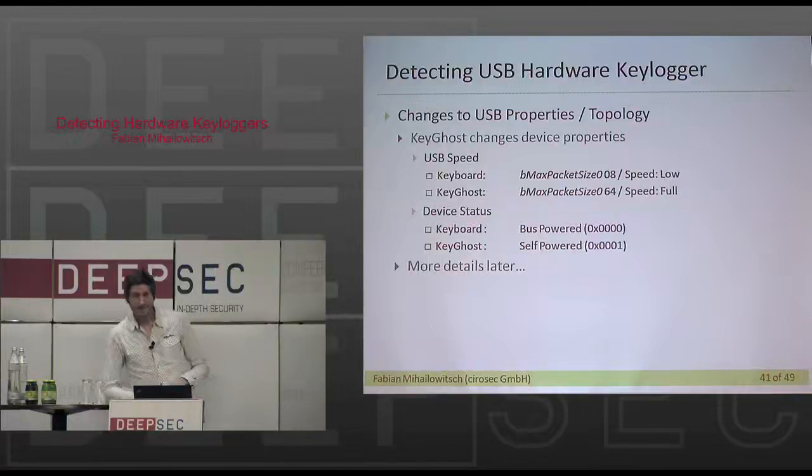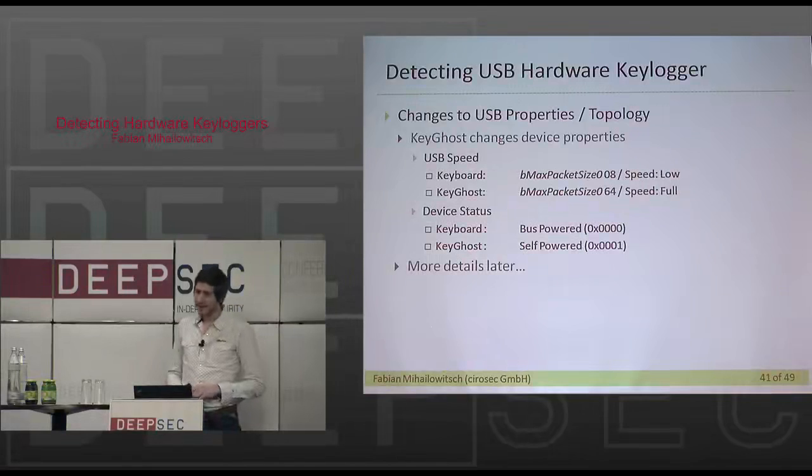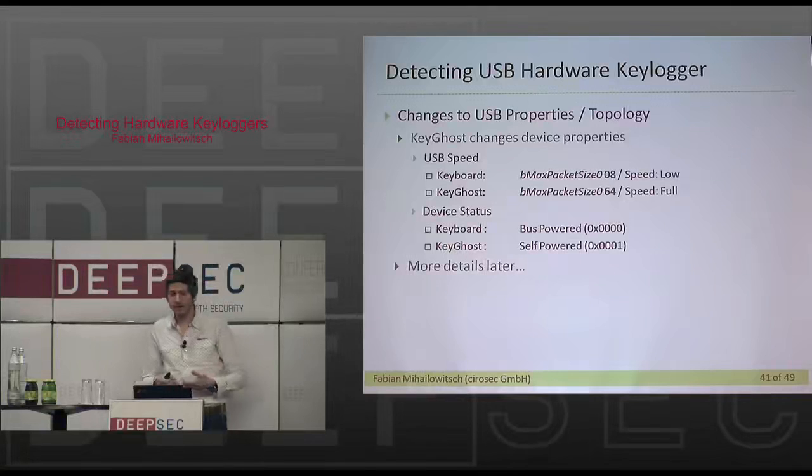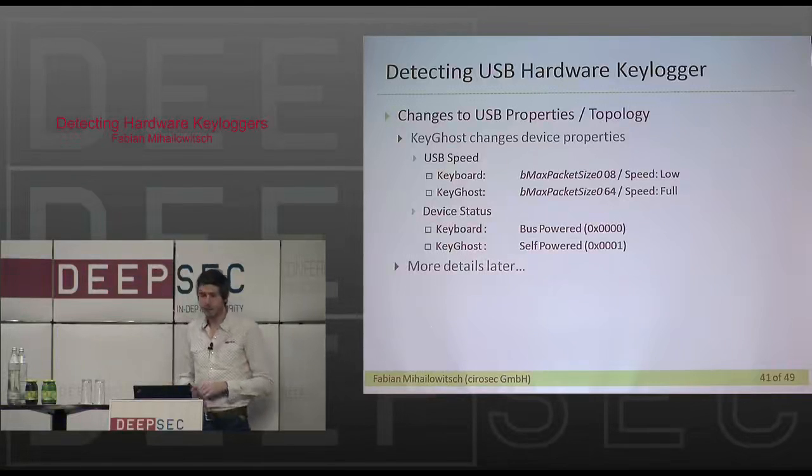The next thing is the KeyGhost model. It changes device properties. If you only plug in your keyboard, I have a packet size of 8 bytes, which is like a low-speed USB device. However, if I plug in KeyGhost, my device properties suddenly change to a packet size of 64 bytes, which represents a full-speed device.